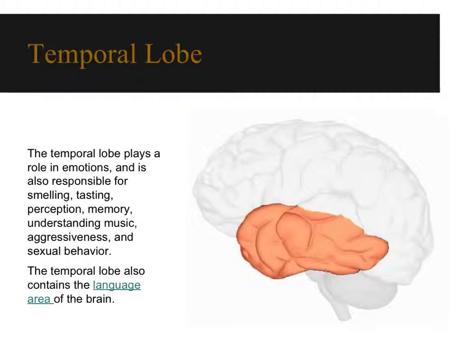The temporal lobe, on the other hand, deals a little bit more with emotions, and is also responsible for some of those special senses, specifically smelling and tasting. You can imagine, because it's close to your ears, you have some kind of musical awareness and musical appreciation here in the temporal lobe.